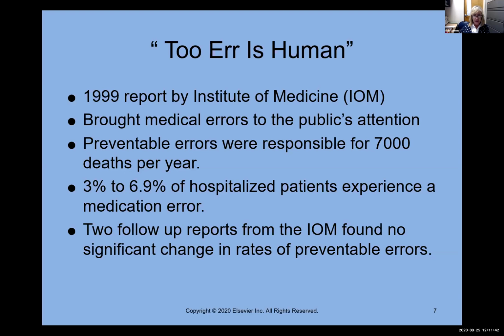But the IOM found that there were 7,000 preventable deaths that occurred in 1999. Now I want you guys just to sit with that for a minute. 7,000 people. There are almost 100 of you all in this course. 7,000 people died because of a preventable error. Preventable means that it was either human error or it was system error. That's a lot of people.